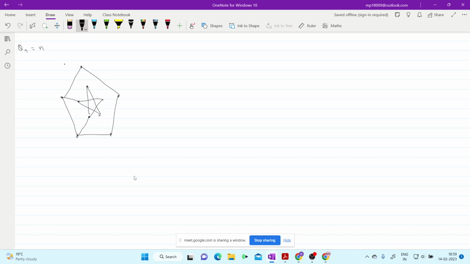They are saying the vertices are two-element subsets. So vertices are two-element subsets of 1 2 3 4 5. Their vertices are 1 2, 2 3, 4 5, all sets like this.